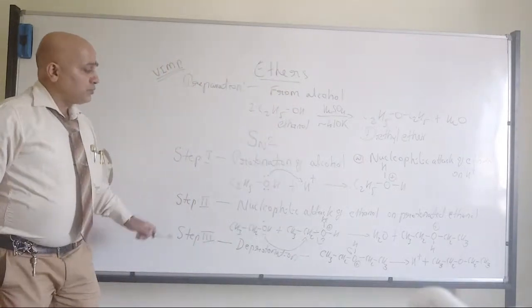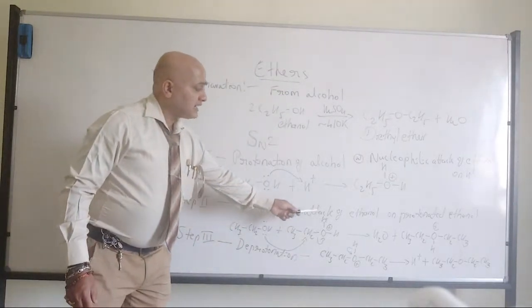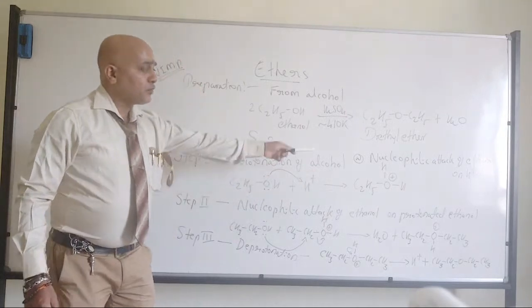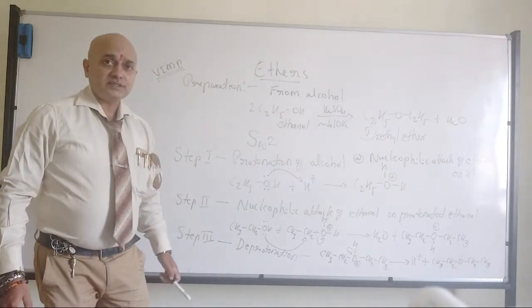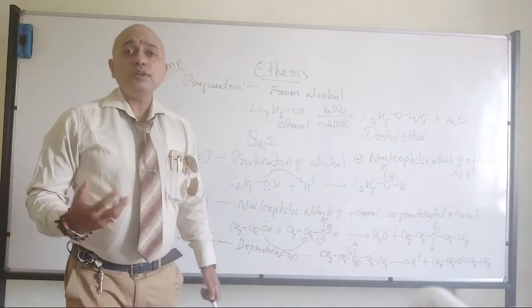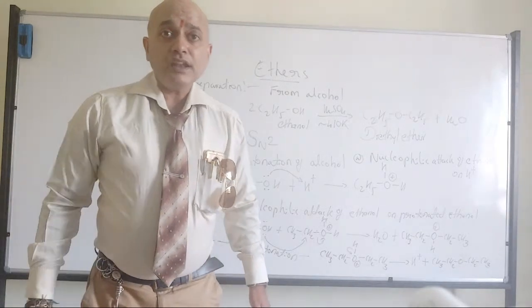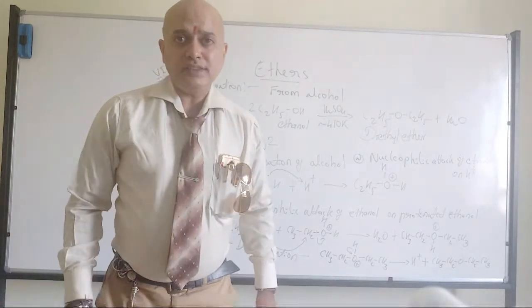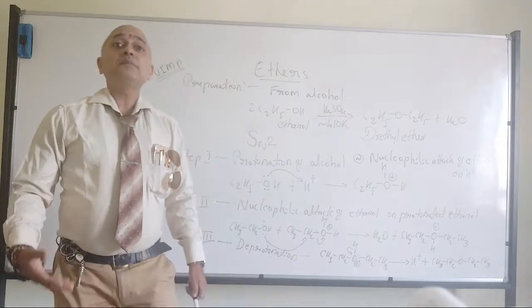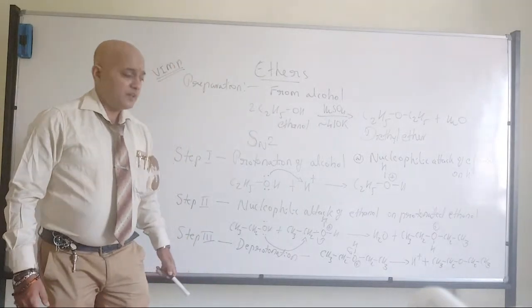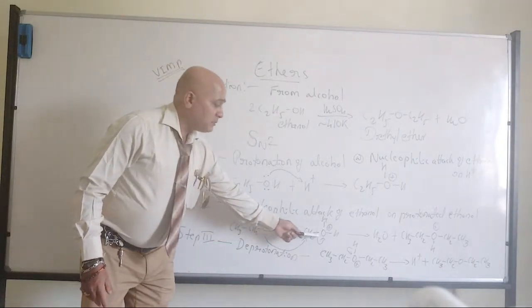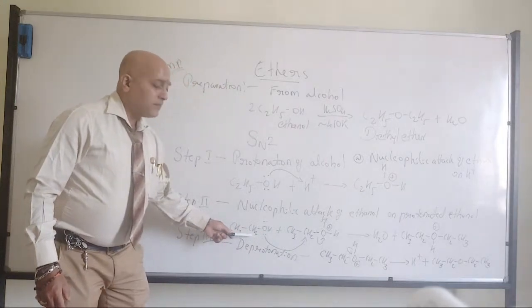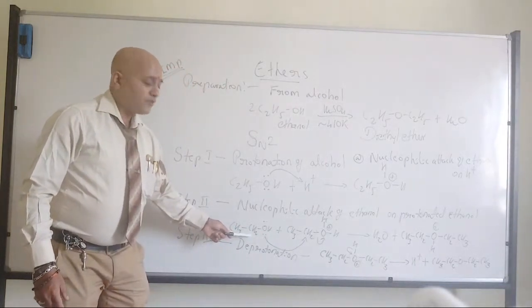Now step 2 where nucleophilic attack of ethanol on protonated ethanol will take place. Because when we are talking about reaction solution, we are not taking one molecule of ethanol, we are taking n number of molecules of ethanol. Therefore, some of them will be protonated and some of them will be in ethanol form.